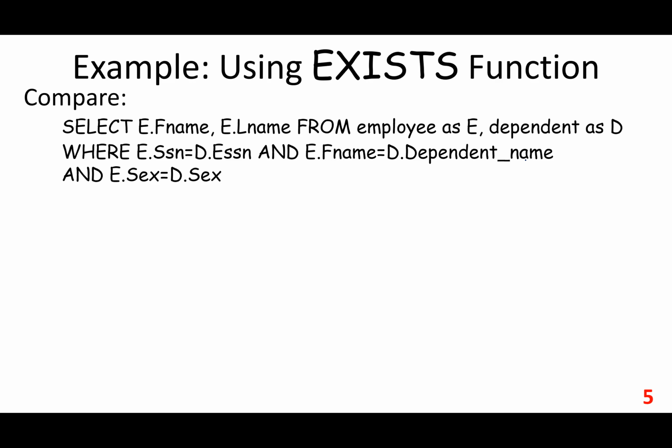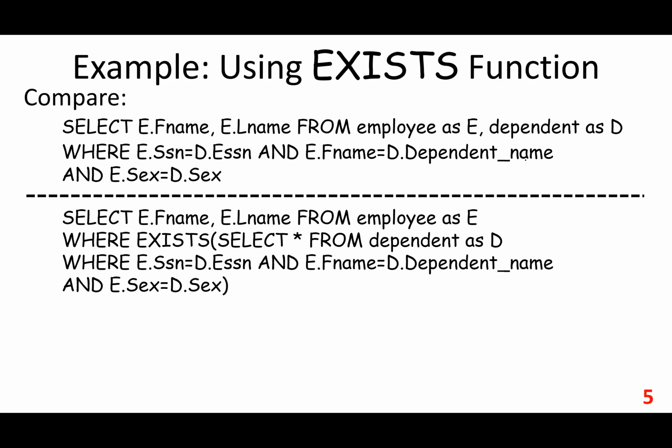Now, if we use the EXISTS function, we practice it here. Let's look at how we write the inner query. In the inner query, we consider dependent, but when we consider the dependent, we fix the employee. e.ssn comes from the outer query, but we fix it.